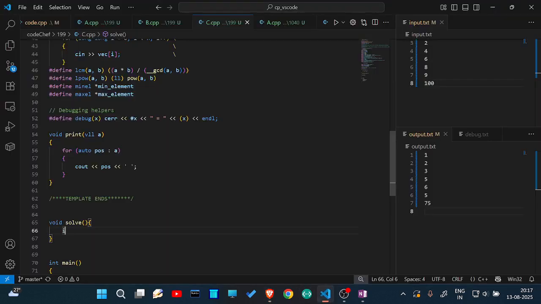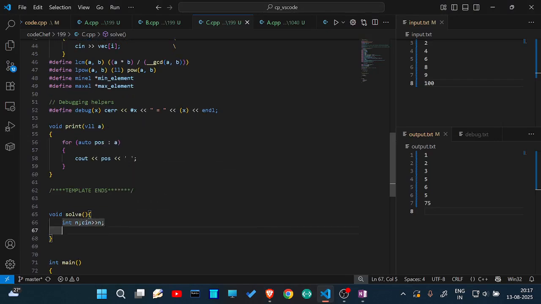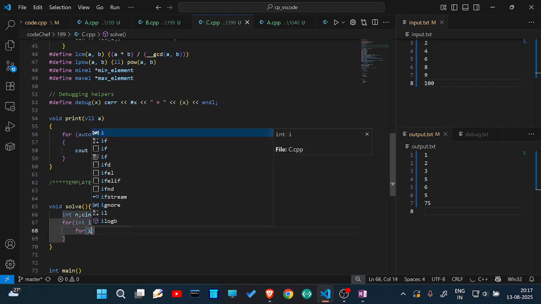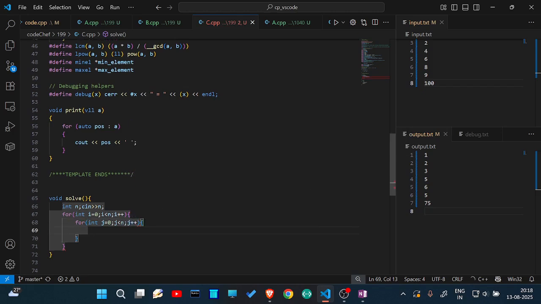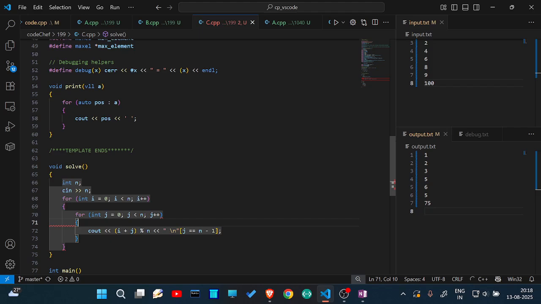So we directly take the n. So that's all. I guess just printing the solution.